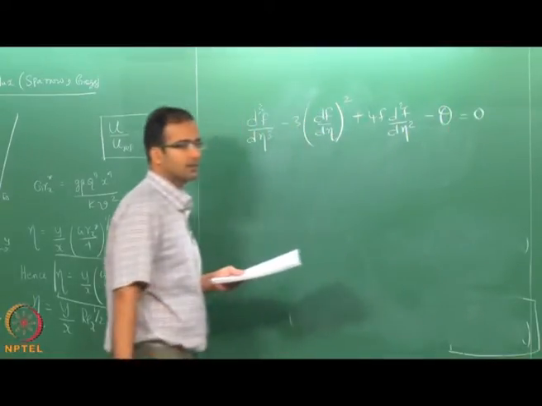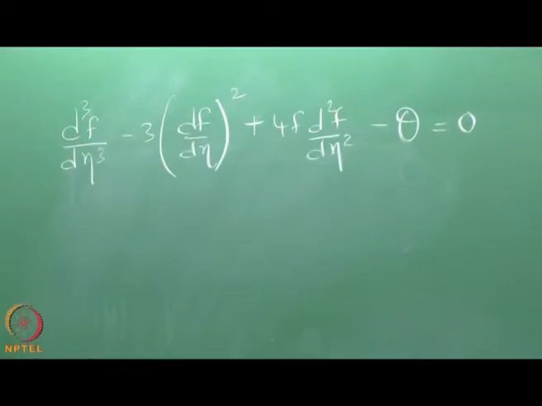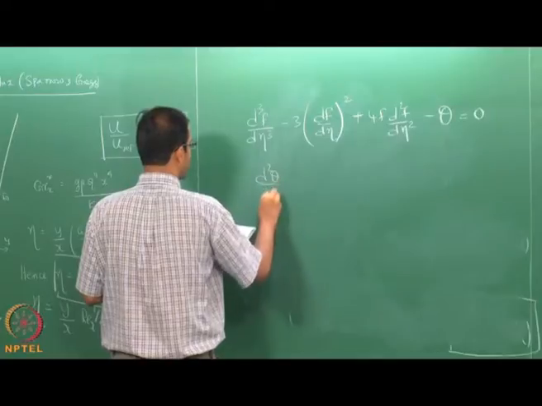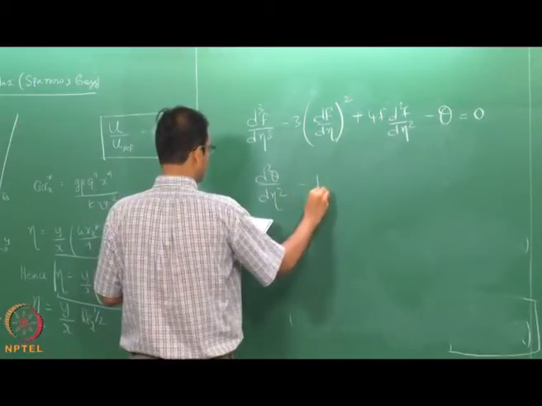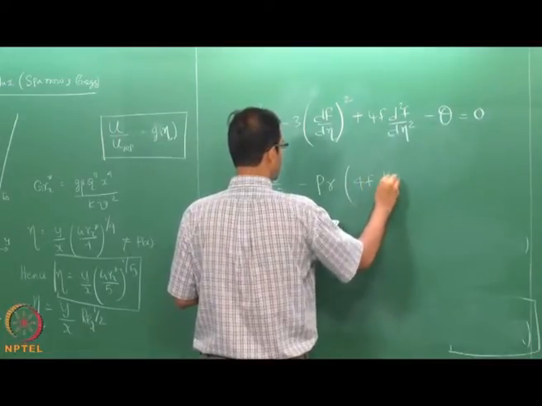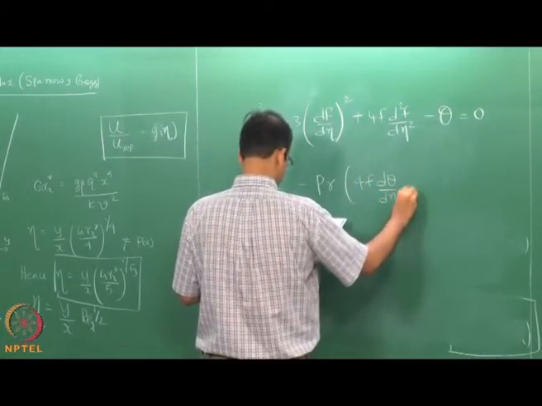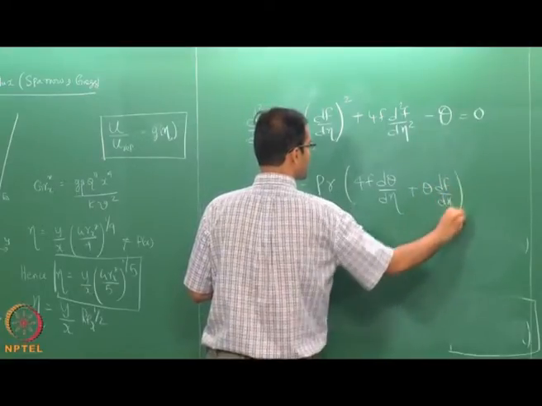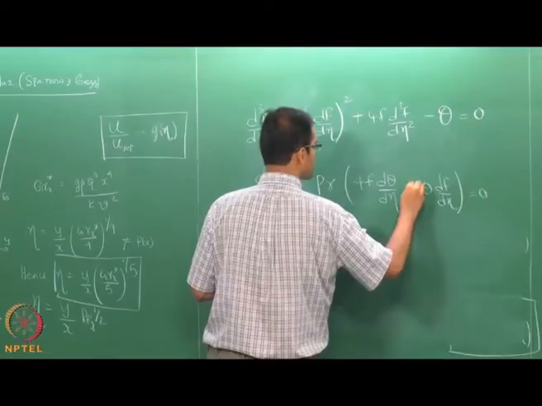This is the similarity momentum equation, and the energy equation is d square theta by d eta square plus Prandtl number into 4f d theta by d eta minus theta into df by d eta equal to 0.